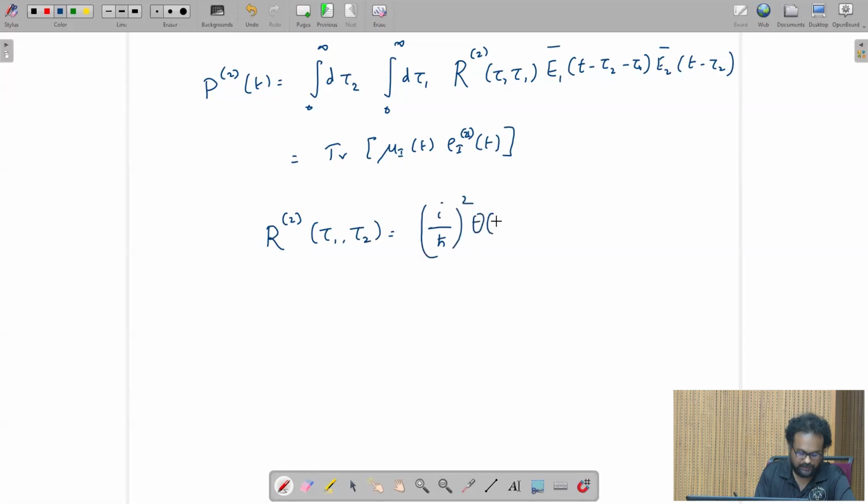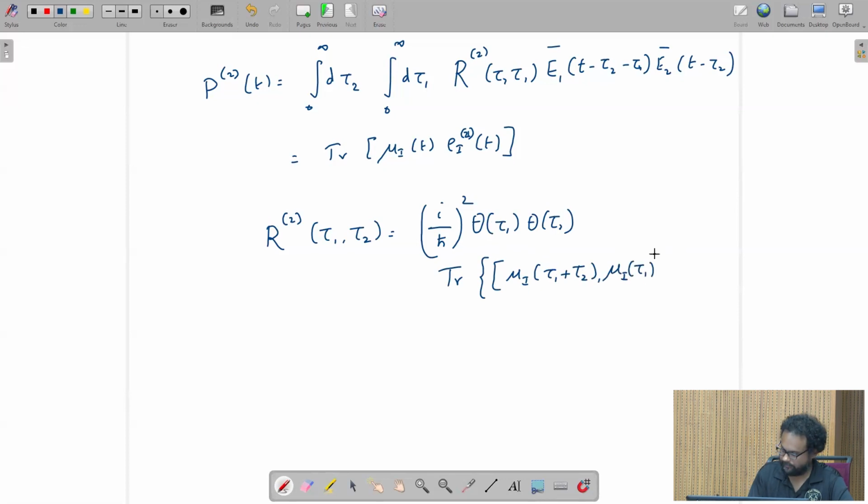I have two Heaviside functions here, multiplied by the trace of mu I of tau 1 plus tau 2, mu I of tau 1, mu I of tau 0, multiplied on the density matrix at equilibrium.